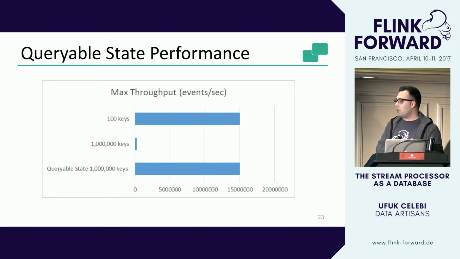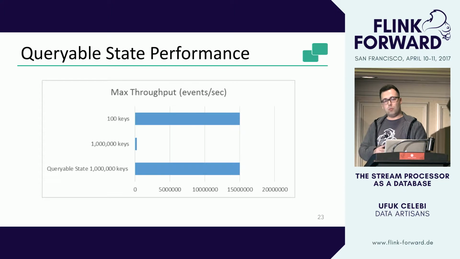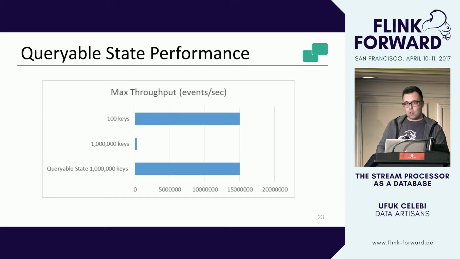With queryable state, we were able to essentially get rid of this. So what you see here is that with 1 million keys, we got the same throughput without Redis as with Redis and only 100 keys. So this was the motivation for us to go in this direction.